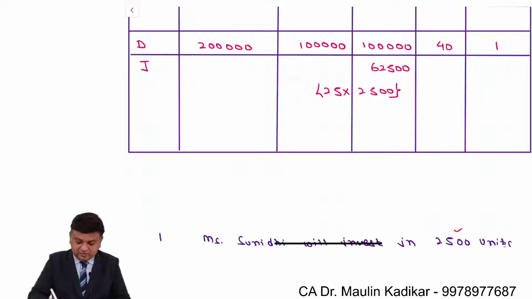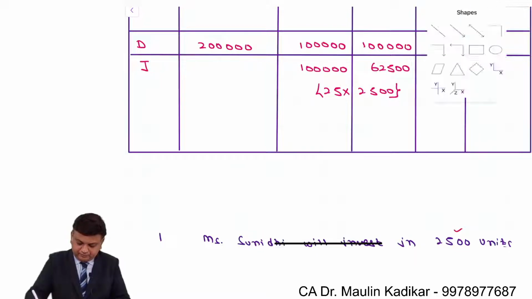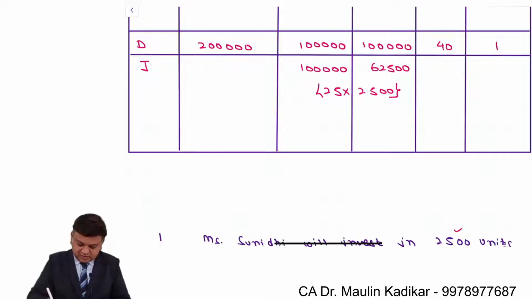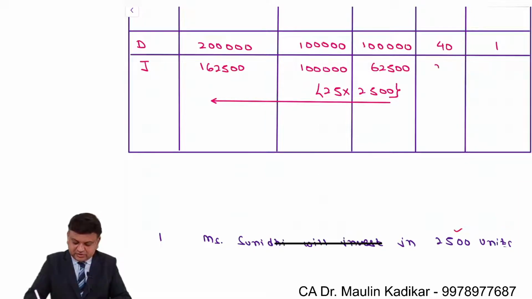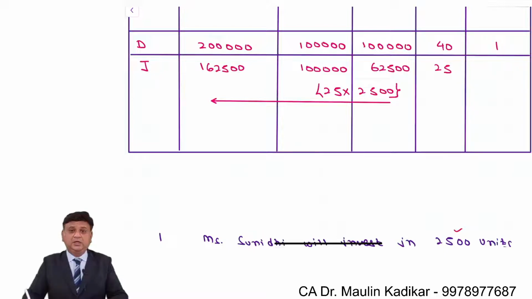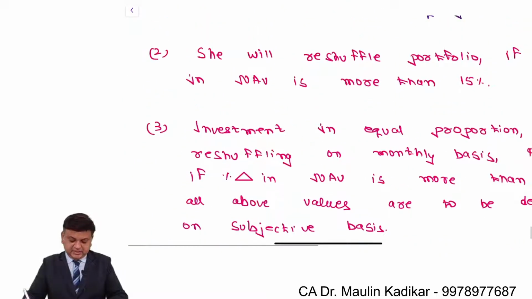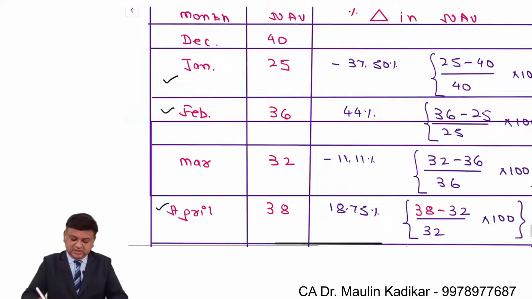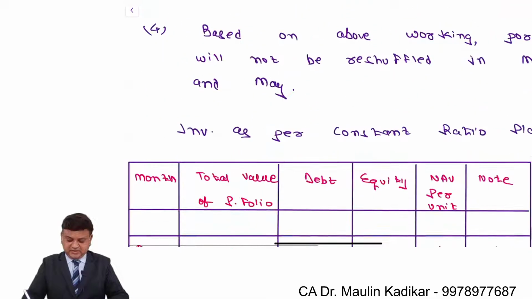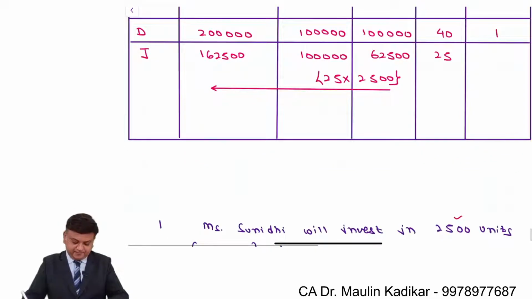Debt value is going to remain the same, 1 lakh. So the total value of the portfolio is going to be 1,62,500. NAV per unit is 25. We already have calculated that the percentage change is greater than 15% on either side, so we are required to do reshuffling.